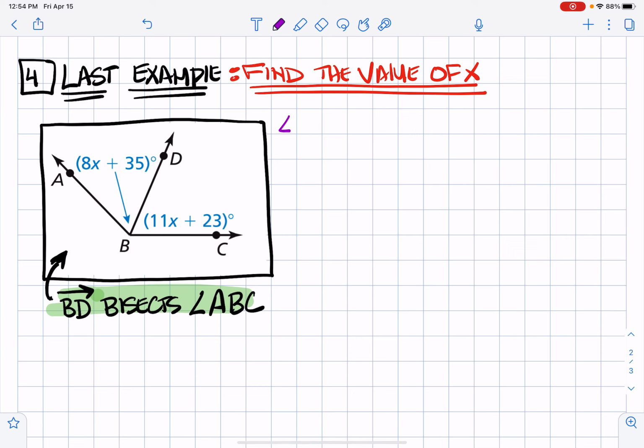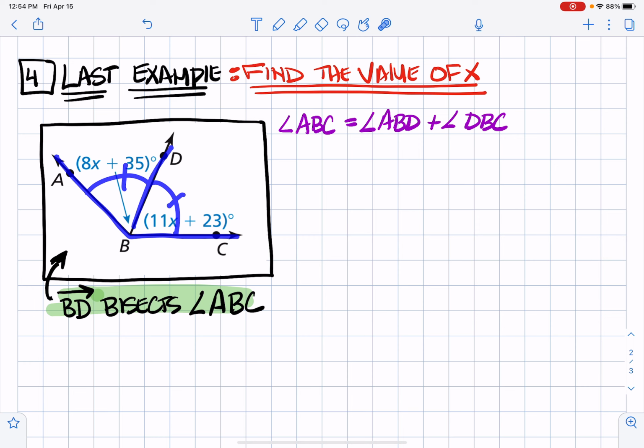So we know that angle ABC is equal to angle ABD plus angle DBC. So basically that's angle addition postulate. So this big angle here is equal to that angle plus that angle together, okay?